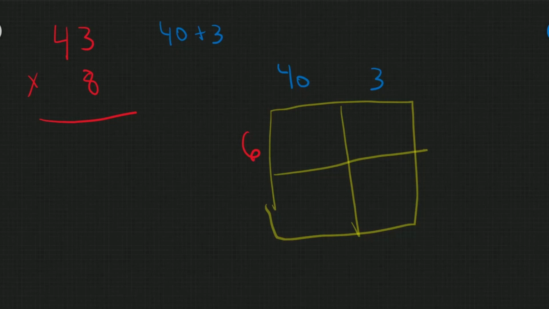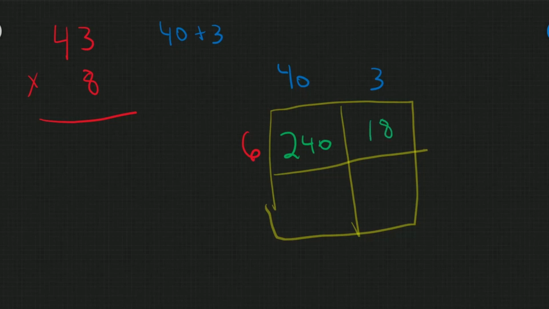6 times 40 is 240. I know that because of my life hack. 6 times 4 is 24. Add a 0, 240. Next, 6 times 3 is 18.